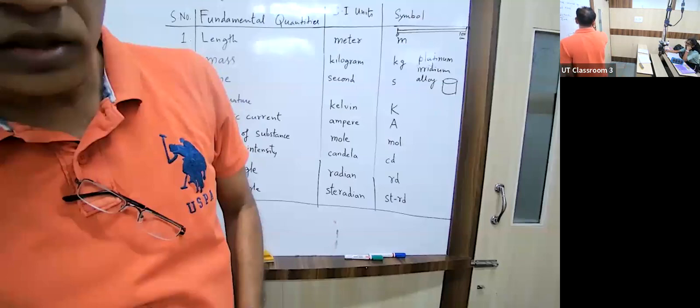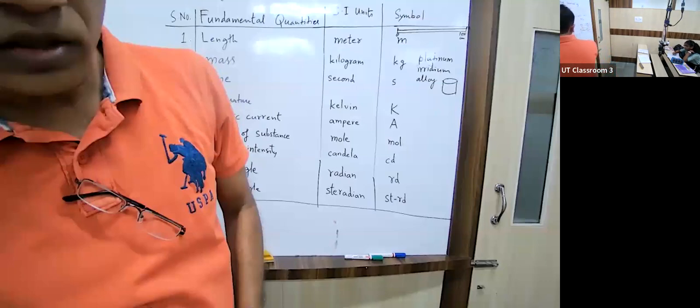This is 5 by 18 meter per second. So any speed given in kilometer per hour can be multiplied by 5 by 18 to convert it into meter per second. This is the conversion you can remember; while solving numericals, it will be useful.